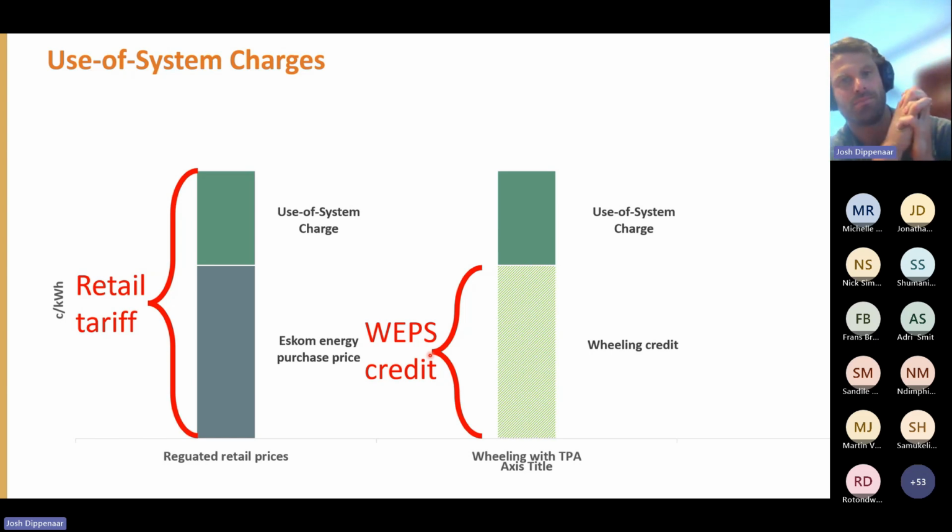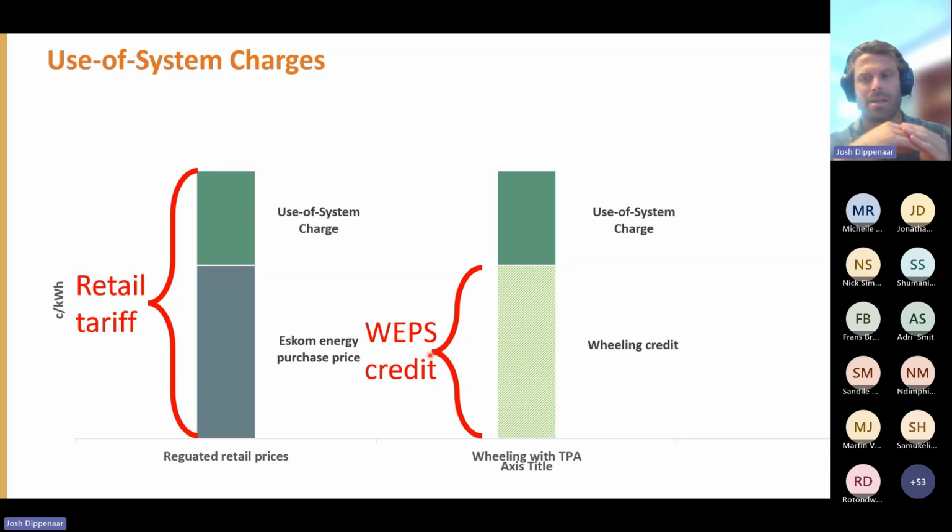So the way Eskom does billing is they'll bill the municipal account. I hope I'm not confusing people, but when there's a customer within a municipality that's consuming wheeled energy, and let's say it's an Eskom-connected solar generator somewhere in the Northern Cape, the municipal bill won't change. The municipal kilowatt hours won't change.